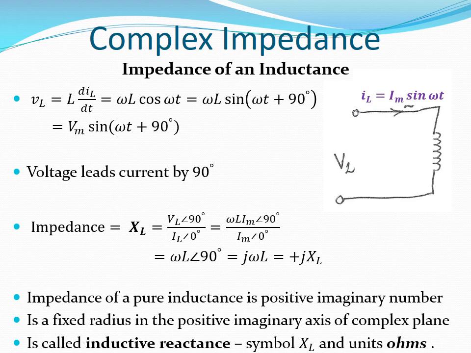If it is taken to a complex plane, the impedance is a fixed radius in the positive imaginary axis of the plane. The impedance of an inductance is called inductive reactance. The symbol is XL and the units are the ohms.